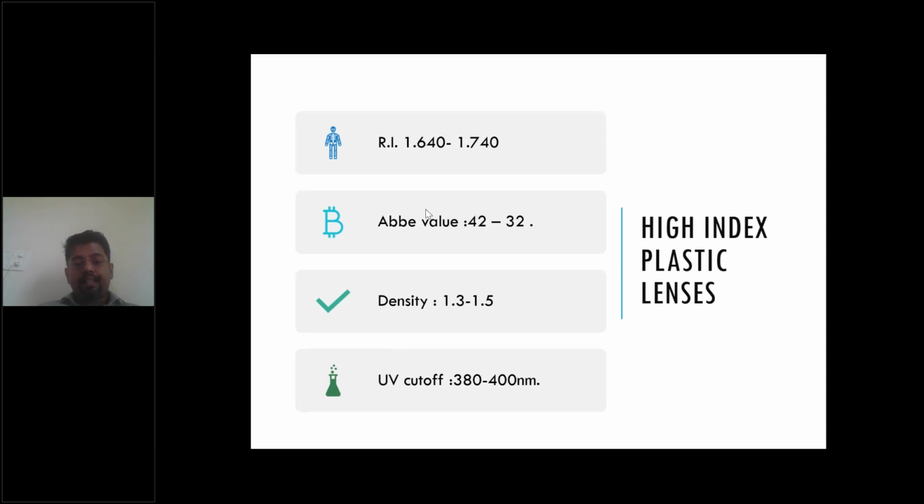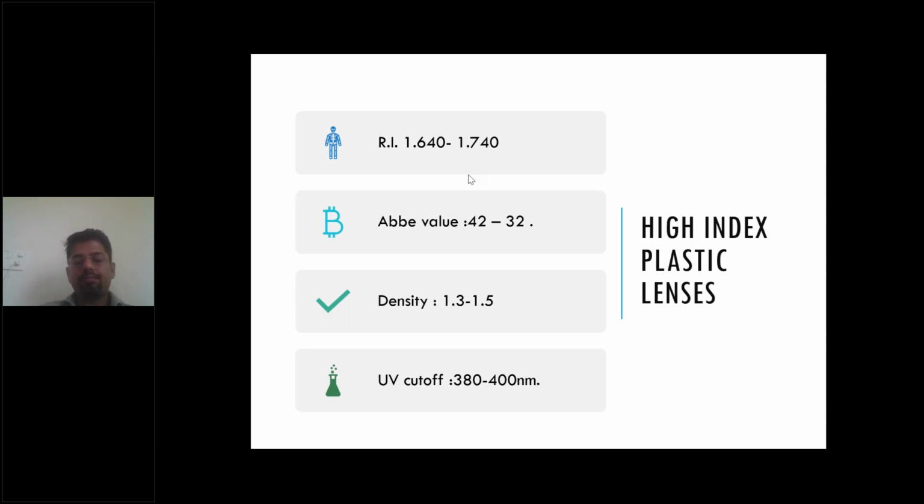So the high index lenses mostly start from 1.64 refractive index up to 1.74, which is not readily available in the market, even in India or in Nepal. It's made to order. For us it comes directly from Germany.